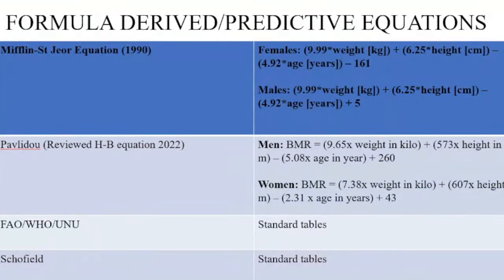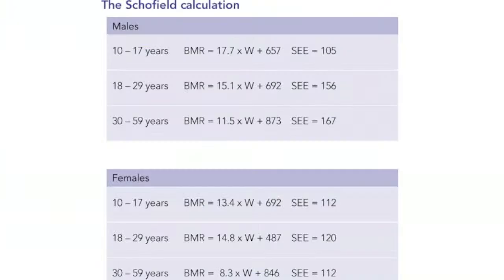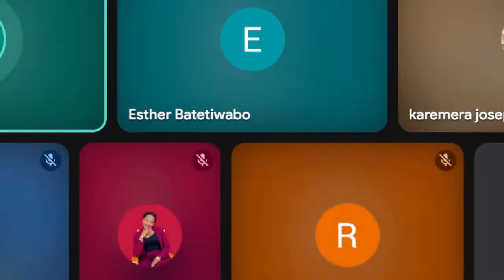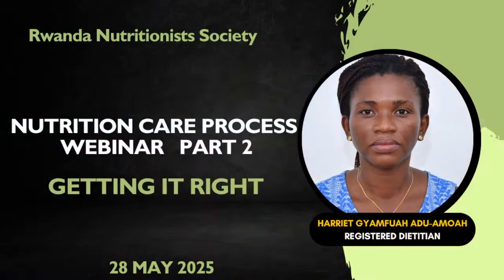Even the Schofield method, or the tables for Schofield, is used for children mainly. You can use it to determine the basal metabolic rate and then multiply by the activity factor. So there are so many ways you can do that, depending on what you actually want to see and what you are calculating for.